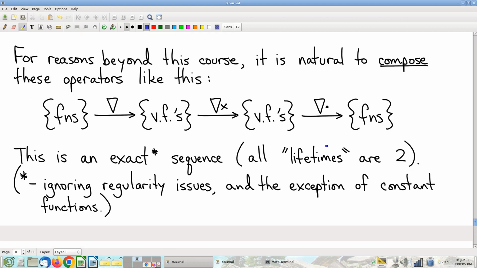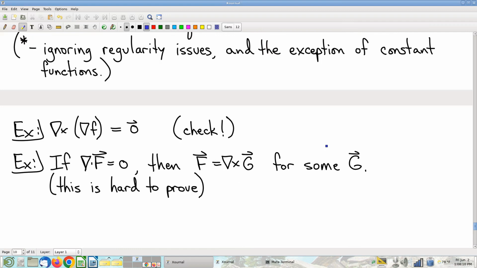Okay. So real quick now, here are some additional facts that are in the book. You can check for yourself, for example, that the curl of a gradient is always 0. That's an easy little computation.